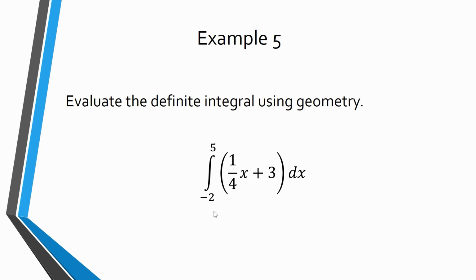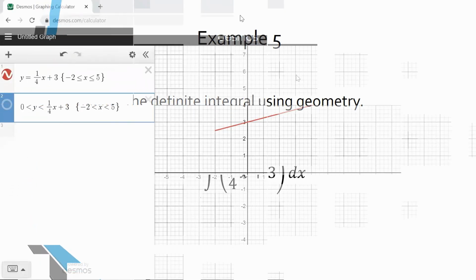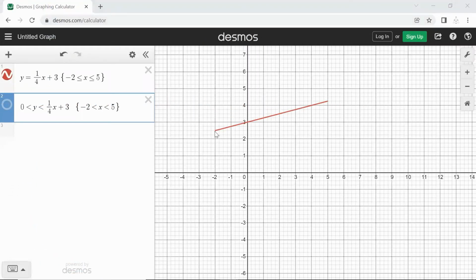We want to take the definite integral of 1/4 x plus 3 with respect to x from -2 to 5. And we want to calculate that definite integral using geometry. I've graphed the portion of the line from -2 to 5 that we have. Again, if you would just extend this, this would be the entire line, but we're only looking at the region from x equals -2 to x equals 5.